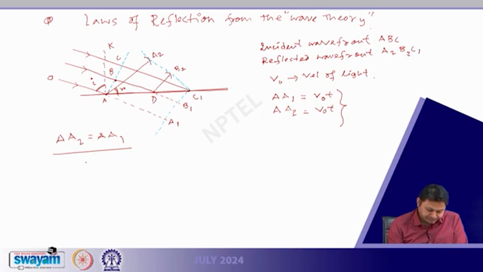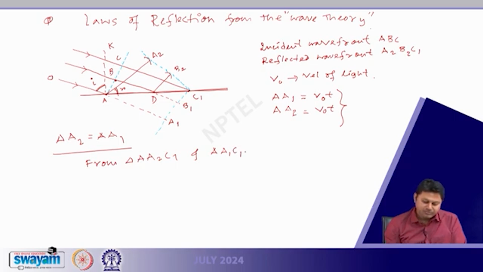From triangle A2 C1 and A1 C1, these two, you can see that the angle A2 C1 is 90 degree.